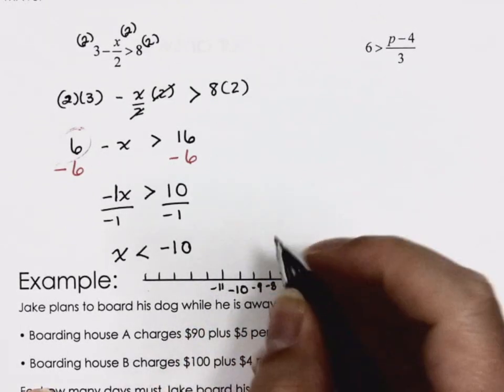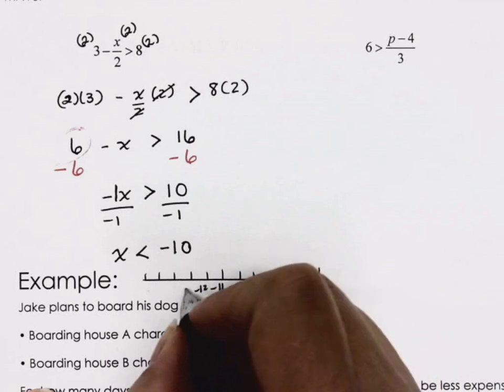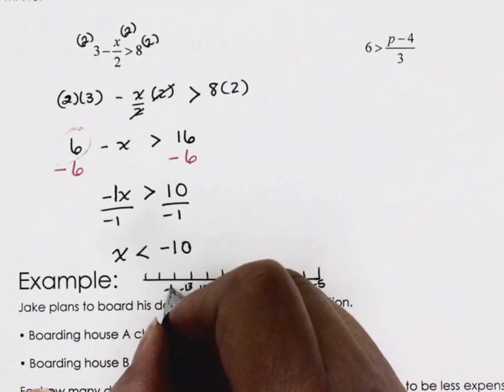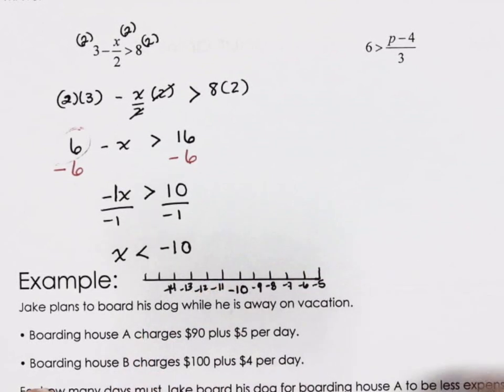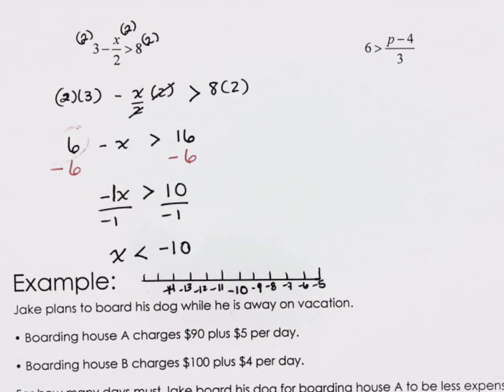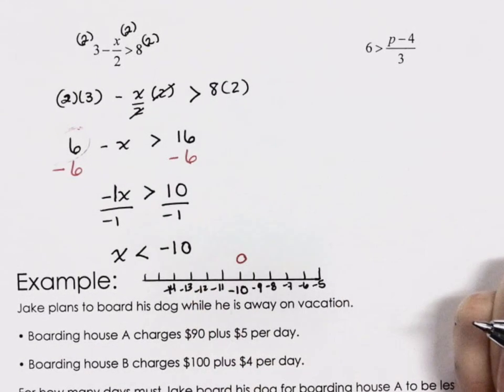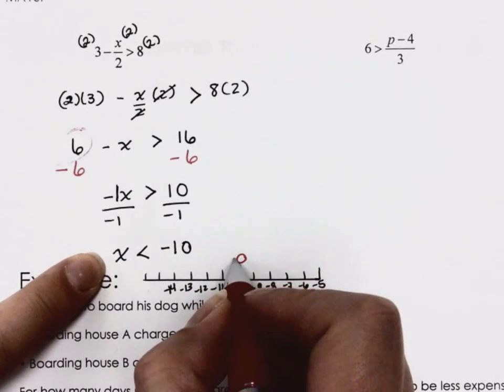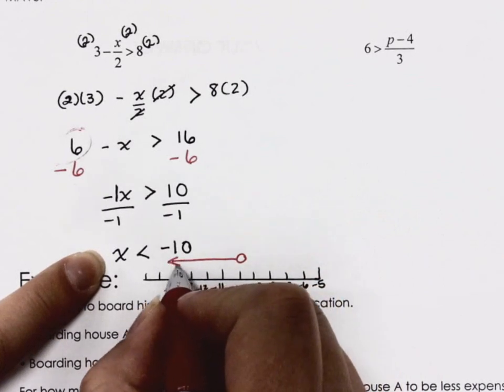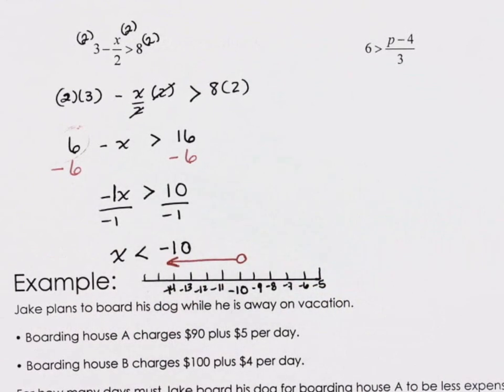Values less than will be negative 11, negative 12, negative 13, negative 14. I'm going to stop there because I'm trying to write my numbers too small. Boundary, is it going to be closed or open? Open, so open at negative 10. And x is less than, so we're going to the left again. Oh my goodness, all my examples are left.